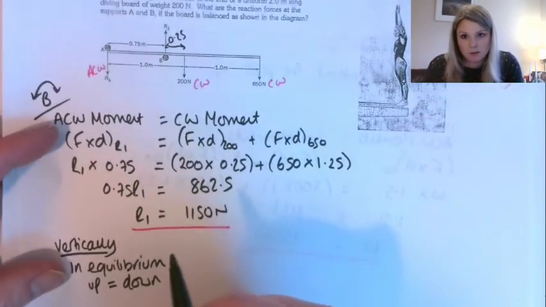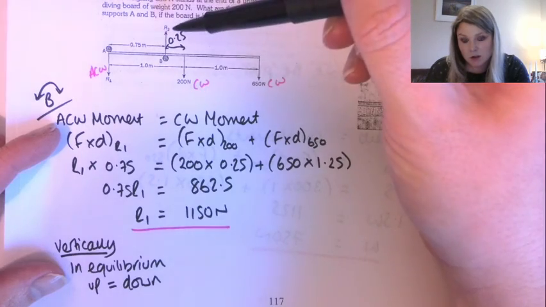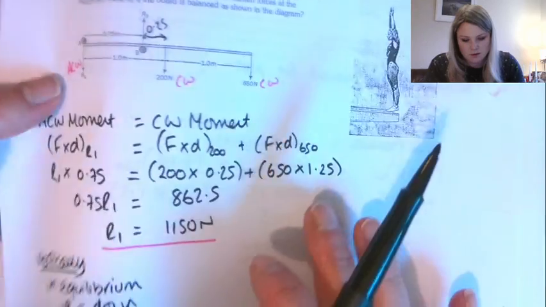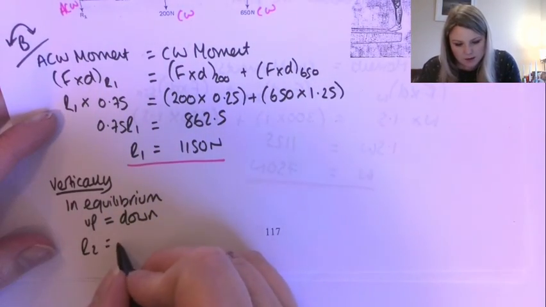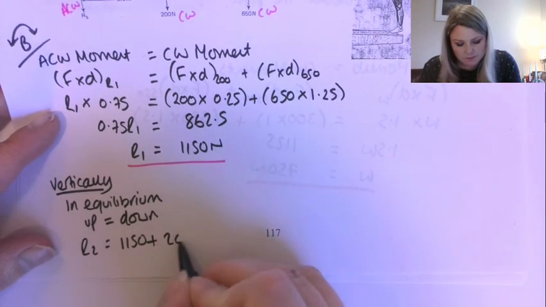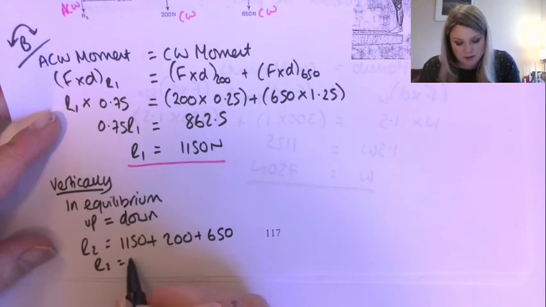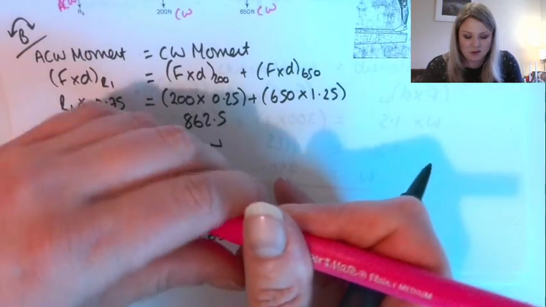So if we look back up at our diagram, the forces that we have up the way is just R2, and then down the way R1 plus 200 plus 650. So R2 is R1, which is 1150, plus 200 plus 650. So that gets us 2000 newtons. So there's our two forces found.